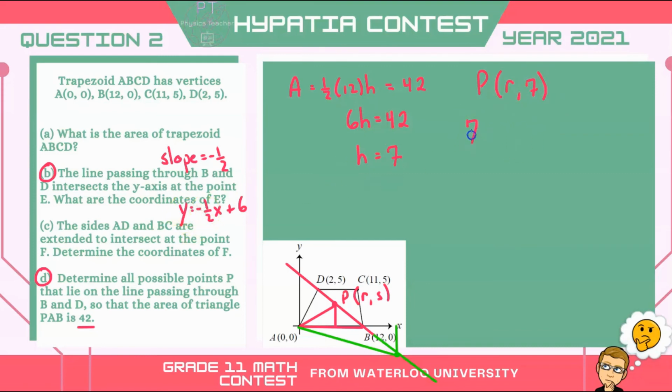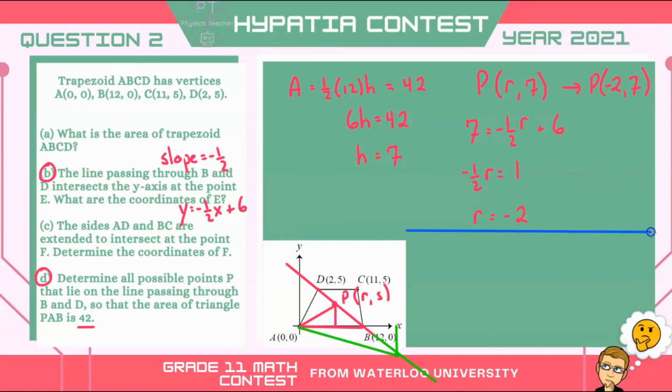So that gives us 7 equals minus 1/2, the x-coordinate we'll call r, plus 6. Now rearranging, here we have minus 1/2 r equals 1, and therefore r is going to equal negative 2. Therefore, this P has the possible coordinate of negative 2 and 7.